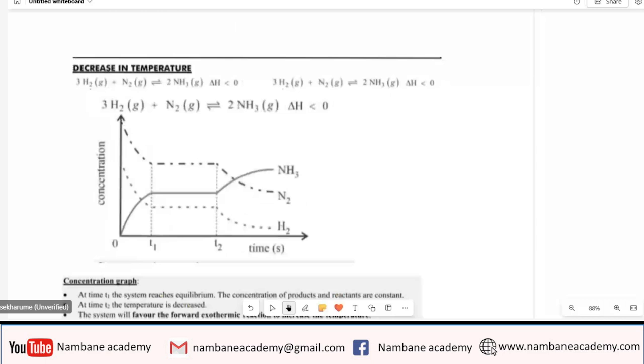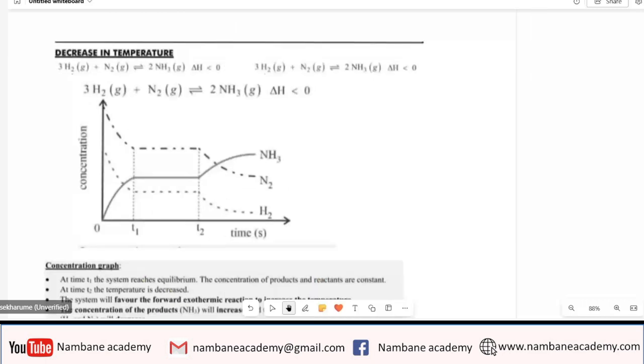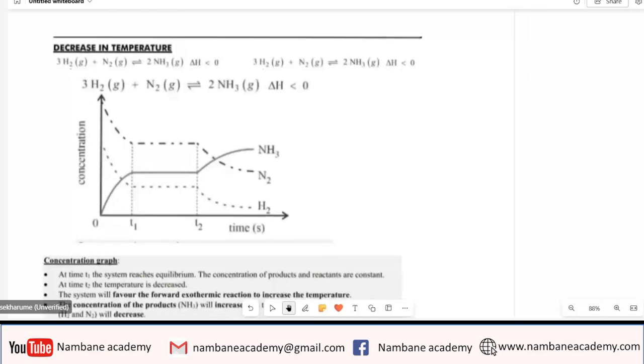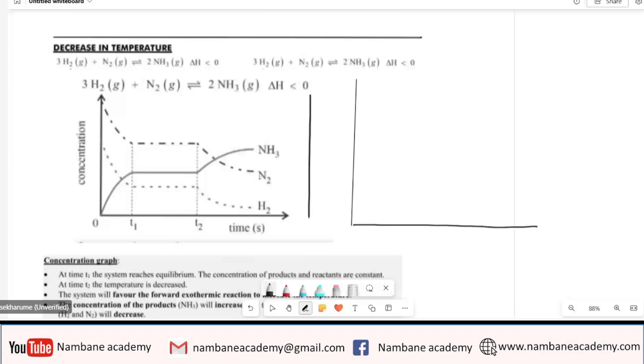There is a decrease in temperature. So now we want to draw the graph of the rate versus time. So I'm going to draw the graph of the reaction rate versus time here.